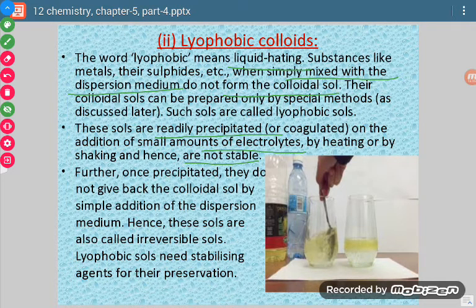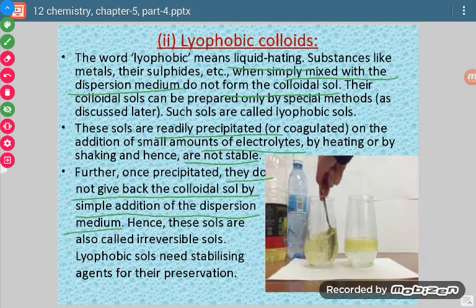So one more difference from lyophilic colloids is that these sols are not stable. Why are they not stable? Because they undergo coagulation easily. Once they have been precipitated or coagulated, they do not give back the colloidal sol by simple addition of dispersion medium.